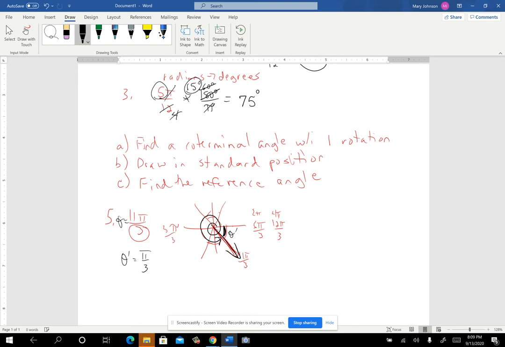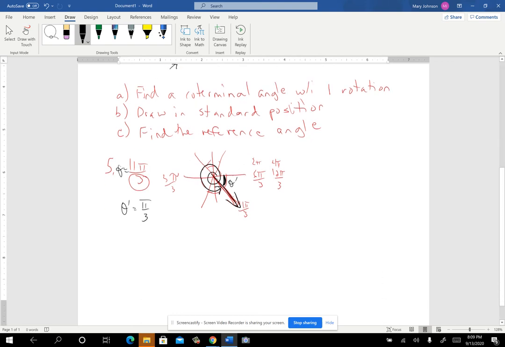Your reference angle is pi over 3. Now remember the importance of that, okay? The pi over 3 and 11 pi over 3 will have the same trig function values, except for you might need a negative sometimes, okay?